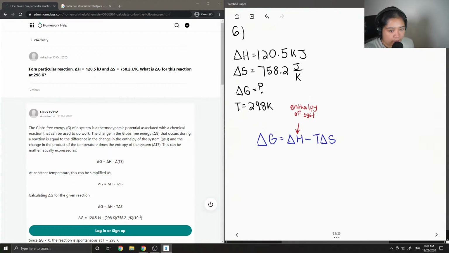T is just temperature, and delta S is the entropy. Delta G is Gibbs free energy.